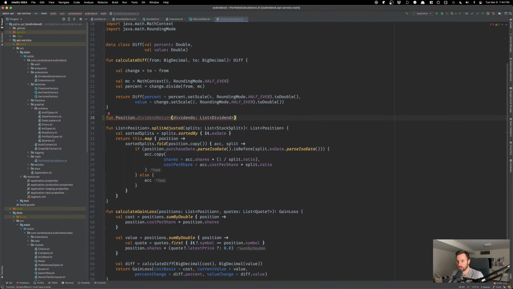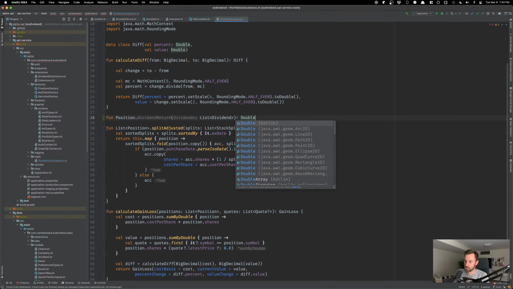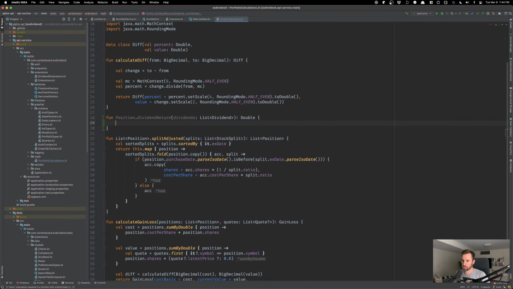And what is this going to return? Obviously the amount of dividends returned, but we also may want the number of dividends paid. But for now, let's just return the amount that's been given.